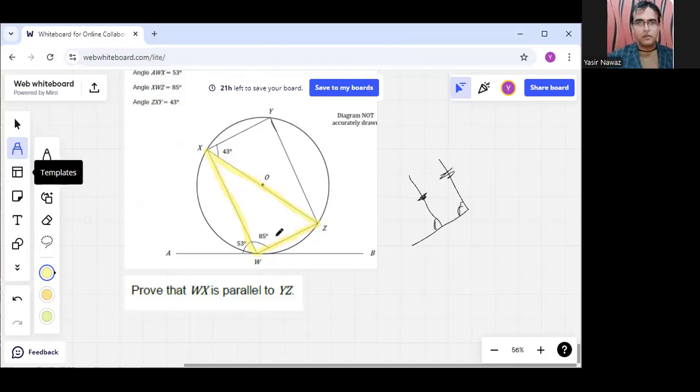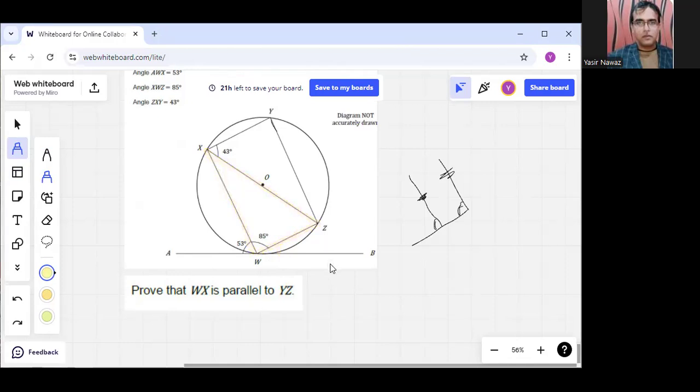What the alternate segment theorem says is that, according to the theorem, the angle here and the angle here would be the same.